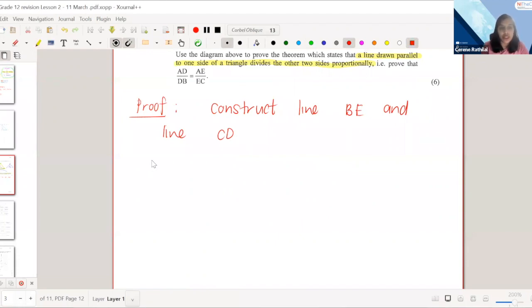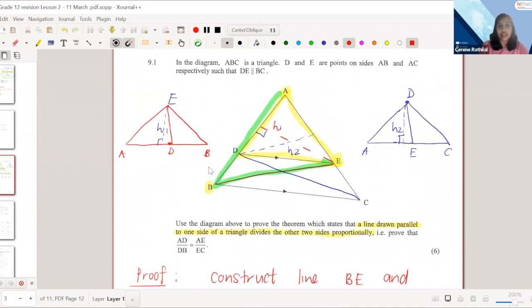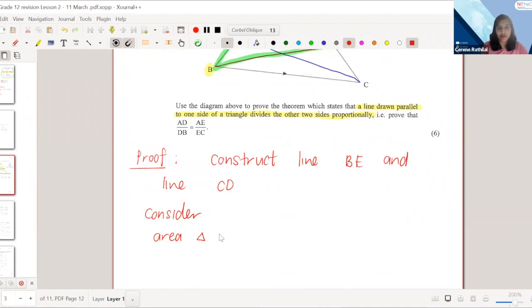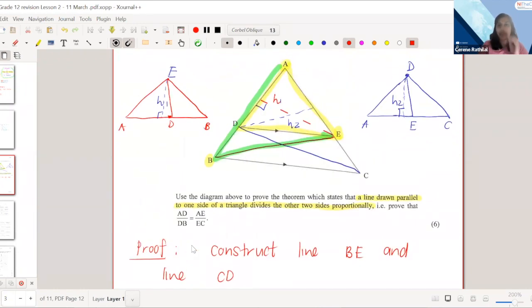So we consider the area of triangle ADE over the area of the green one. So we first did the area of the yellow, and now we're going to do the area of the green, which is ABE.